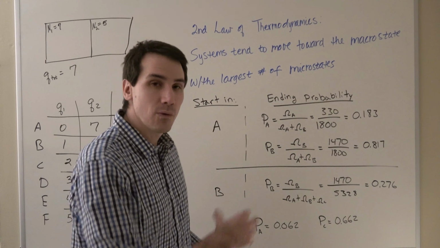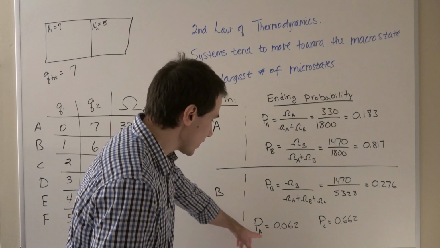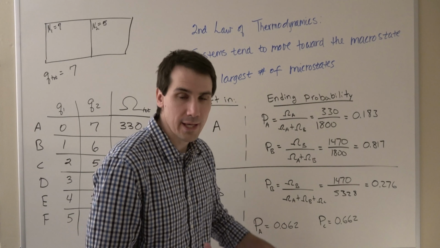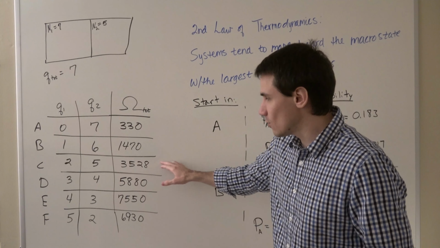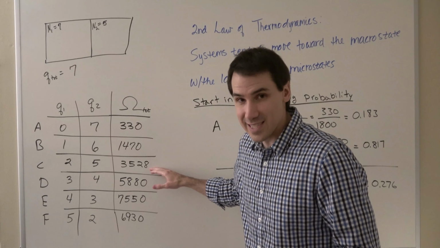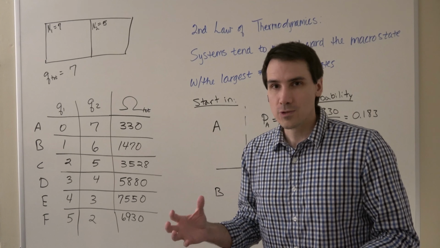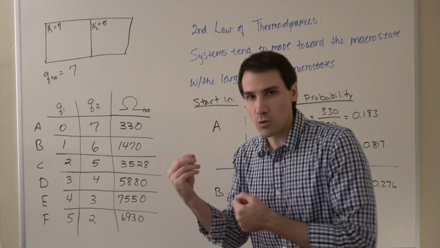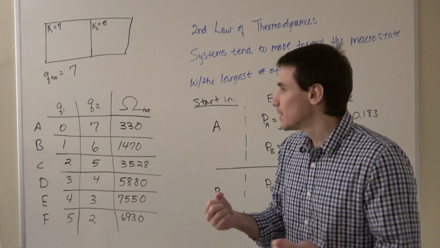However, if we want to see what is the likelihood that we'll move from B to A, well, now we only have a 6% chance of doing that, because in this step we have access to all of the microstates of state C now, which is a ton of microstates. So even though the individual microstates all have the same probability, right?